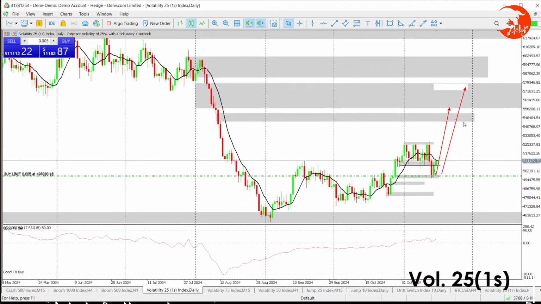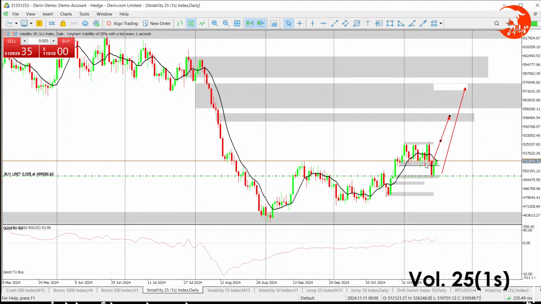Why are we looking for buys? We'll be looking for buys because of the channel that was created, and this is where we'll be looking at our TPs. So now I can delete this arrow there and that there. Now the manipulation has finished.